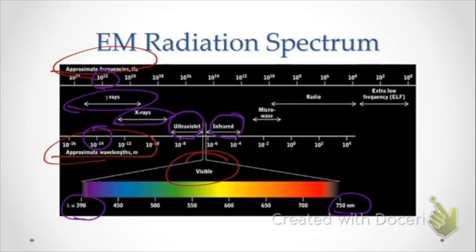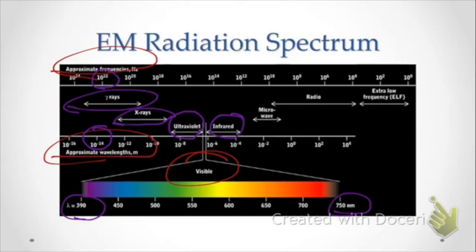And of course, visible light corresponds to that region of the spectrum that our eyes are sensitive to, which, from an evolutionary perspective, is simply due to the fact that our sun has its greatest intensity output in this region of the spectrum.